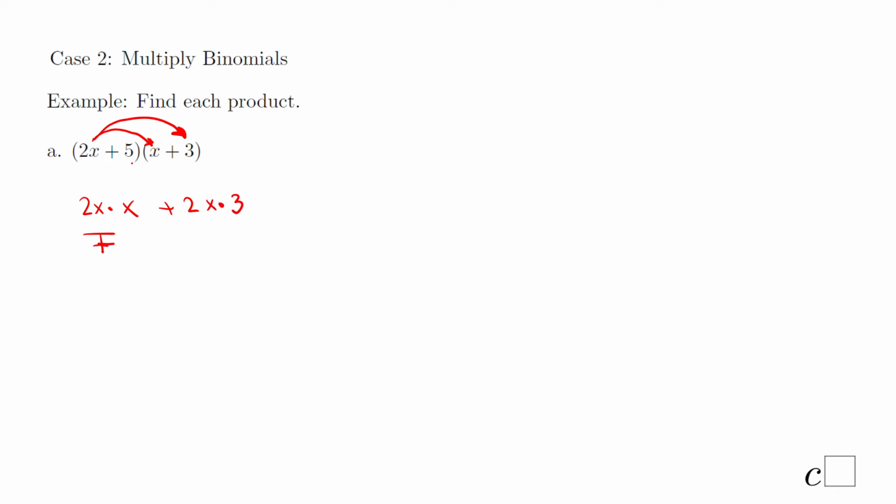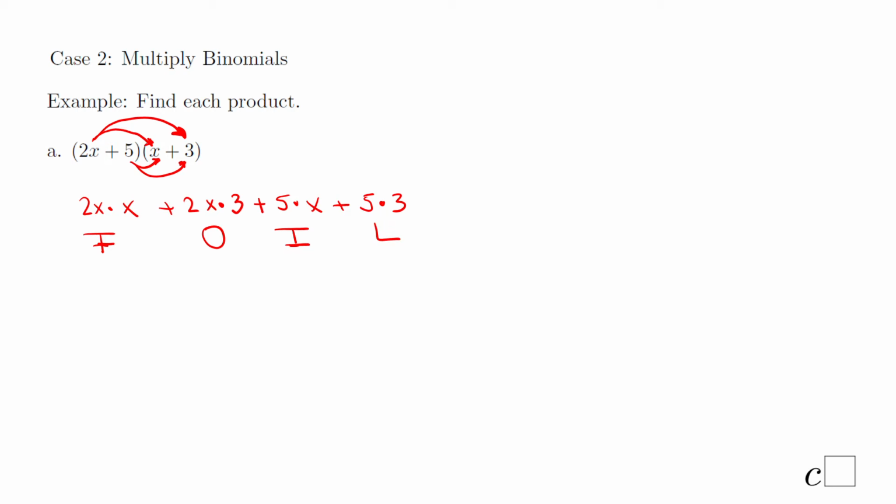Then we have these two terms, which are the inner terms, plus 5 times x. And the last thing, L, means the last two terms, 5 times 3. So that's the meaning of FOIL.